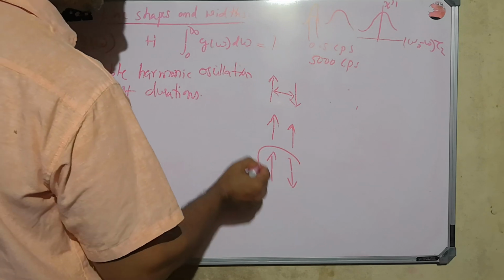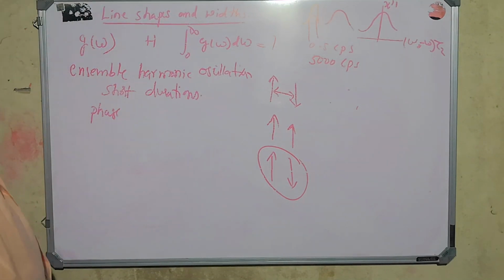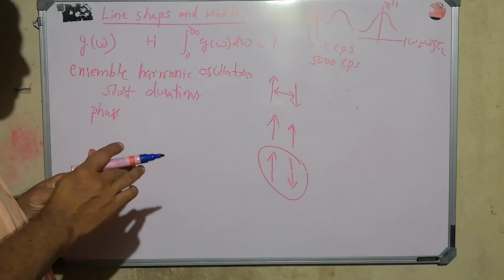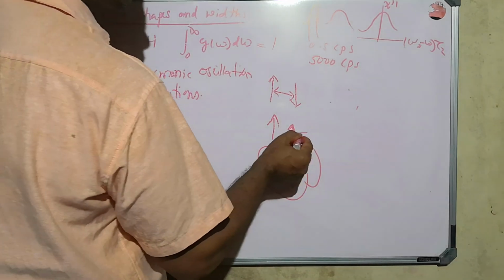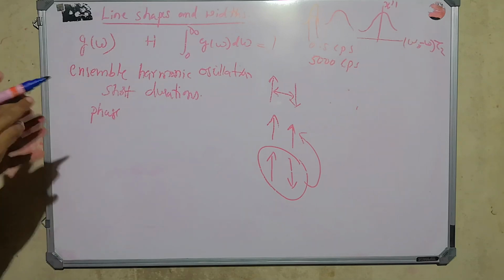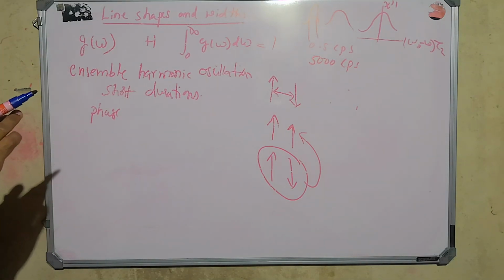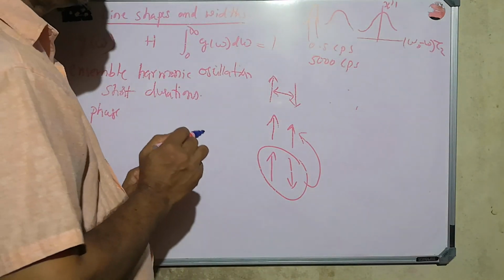This sudden change in the phase takes place for a very short interval of time. Very immediately it will take its original phase. So this leads to the broadening of the absorption line in case of gases and liquids.